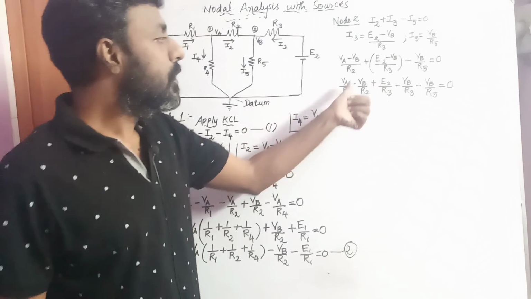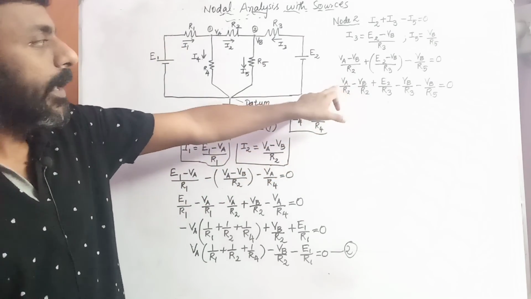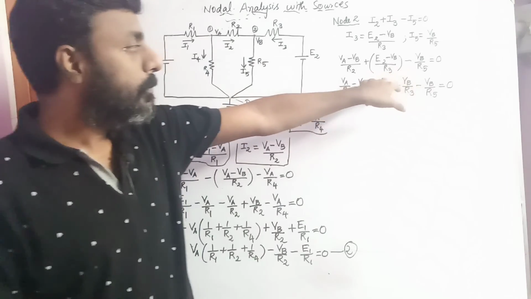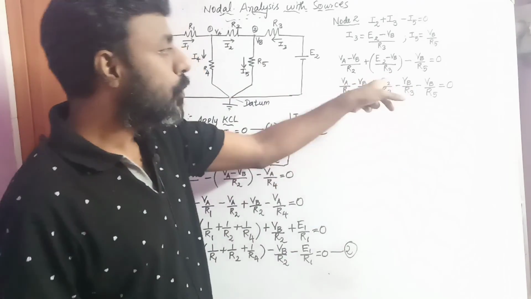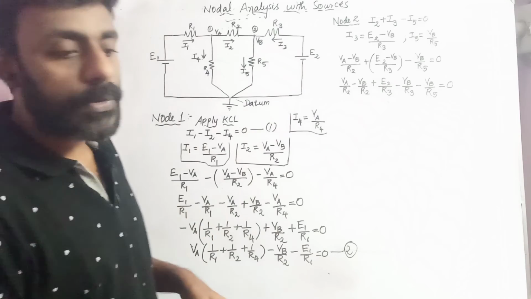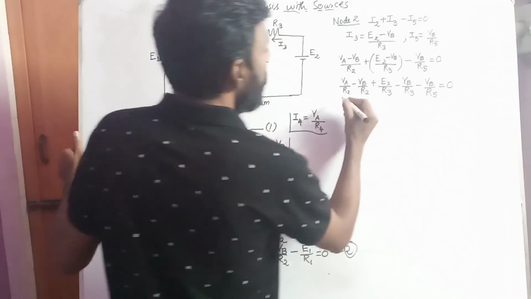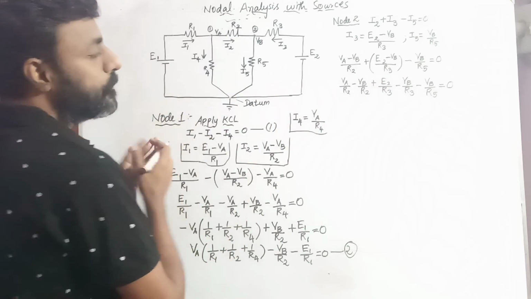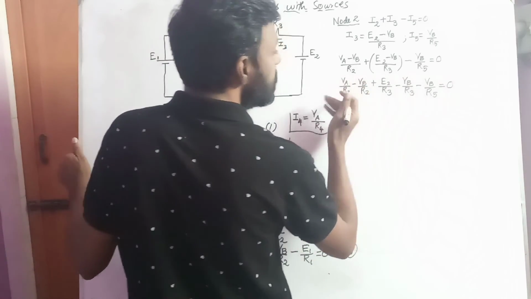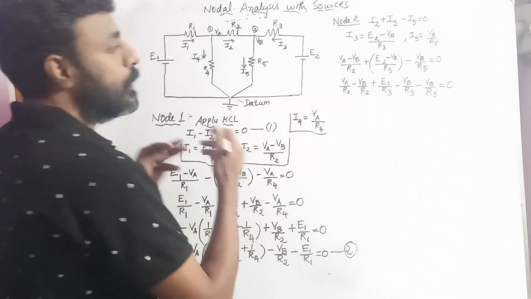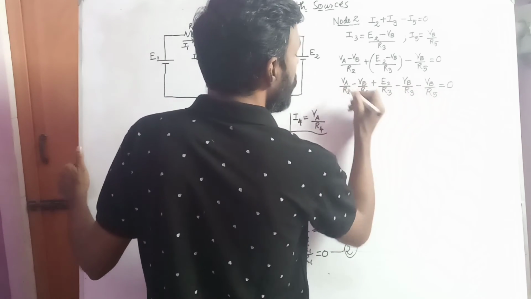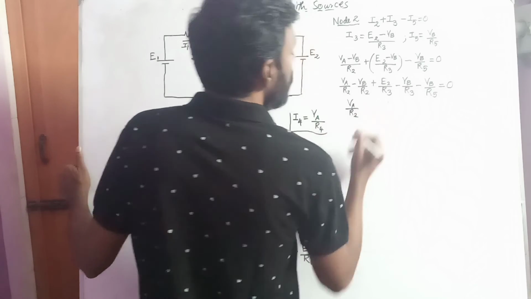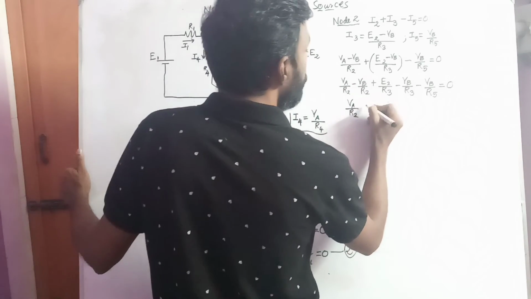So now you have the voltage at node A, the voltage at node B and the EMF of the second battery, that is the second voltage source which we have connected in this circuit. We need to club all the VAs on one side. So let us take all the VAs, all the VBs and all the E2. We have only one VA, so VA divided by R2. Now how about VB?